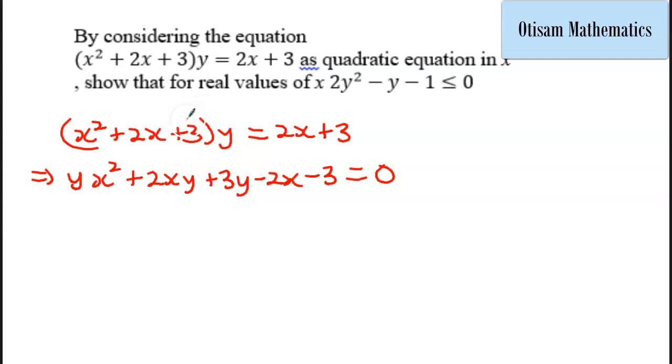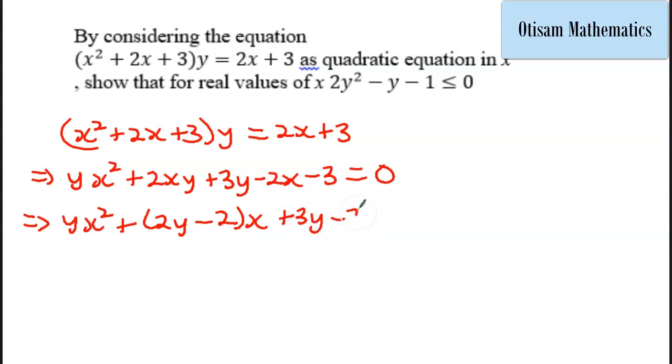The question said the quadratic equation is in x. So yx squared plus, let's put all the x's together, we have 2y minus 2, times x, then we have 3y minus 3 is equal to 0. So this becomes a quadratic equation in x.